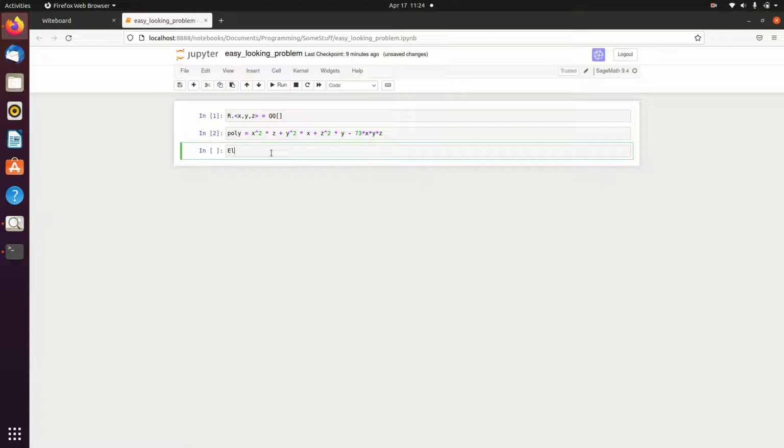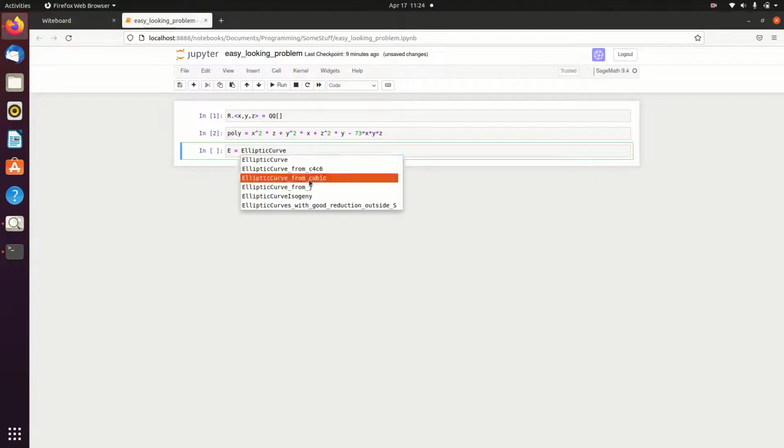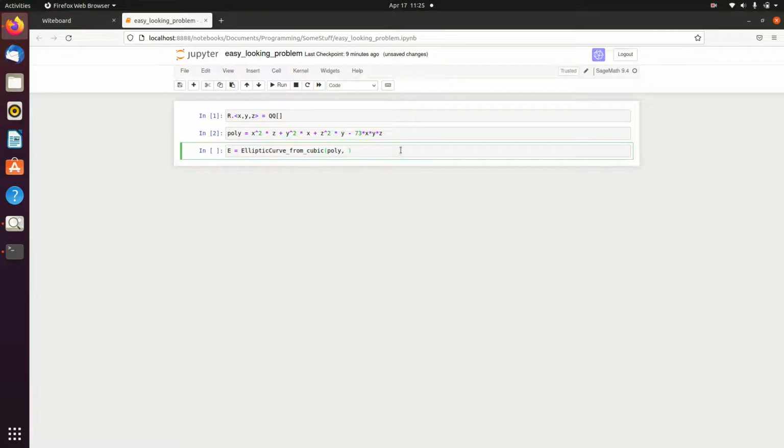There's a Sage command, which is EllipticCurve_from_cubic, and the tab key is quite useful because you can see the possibilities. We specify which cubic, that's our polynomial. Then we have to specify a point.